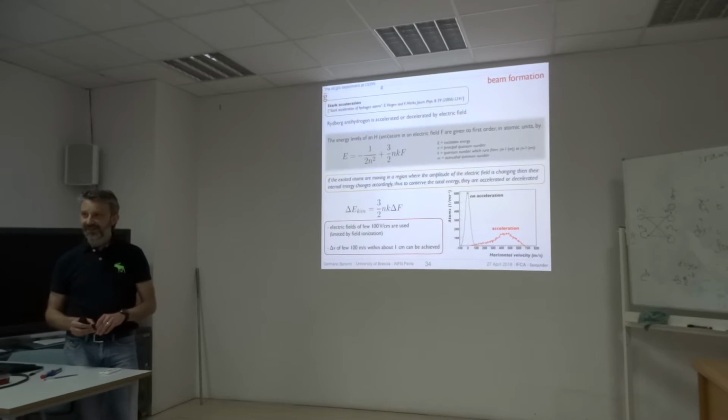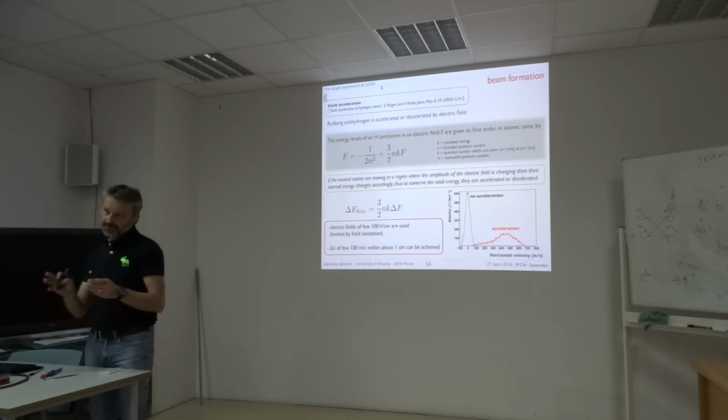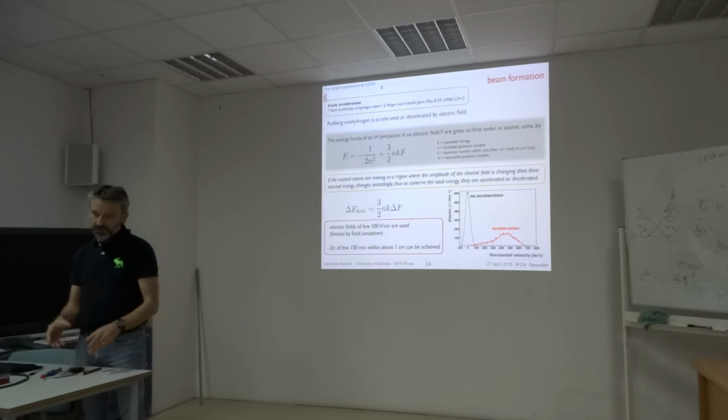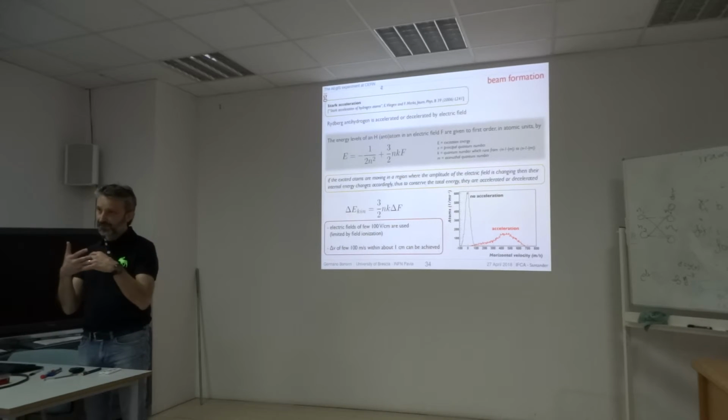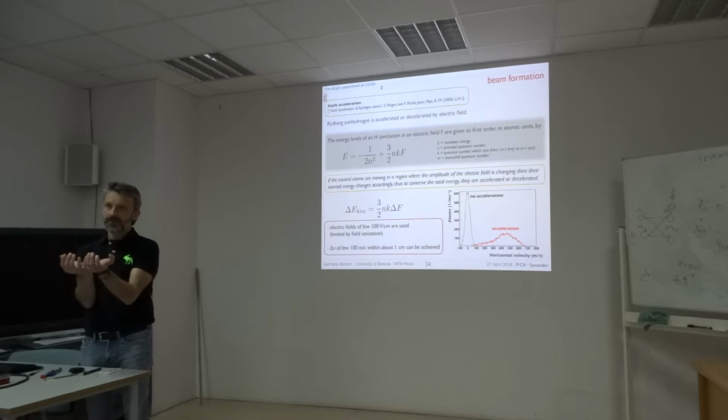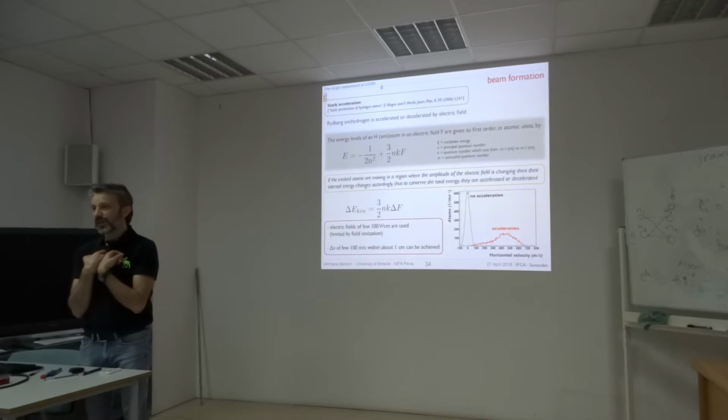Is this the same principle as ALPHA is using to measure the energy levels? No, well, similar. What they do is merge directly the positron cloud and the antiprotons. Actually, this is the way we were doing it in Athena.